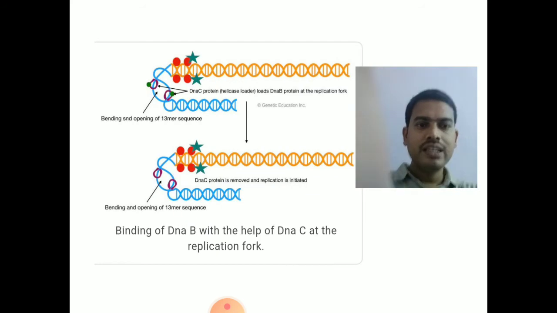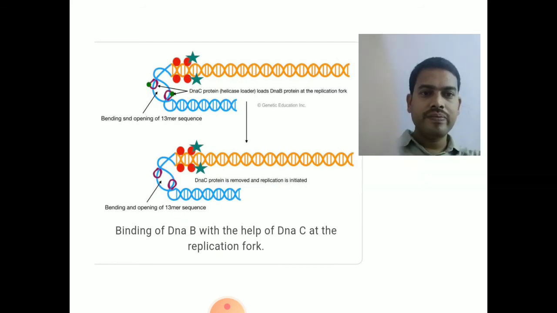After that, DnaC will go and bind where DnaA is bound to the oriC region. So DnaC now recruits DnaB, which is called helicase, for the unwinding of the DNA at the origin region.